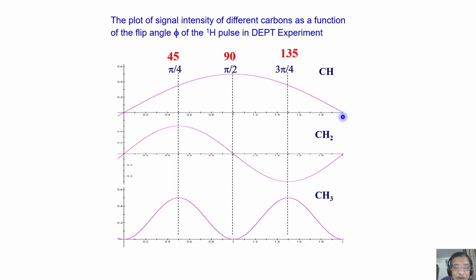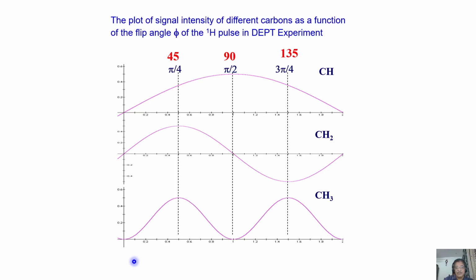Very interesting observations you make here. What is the interesting observation? When phi is 45 degree, when the flip angle of the last pulse on the proton channel is 45 degree, you see the intensity of the peaks along this axis. This is the angle, this is the intensity.